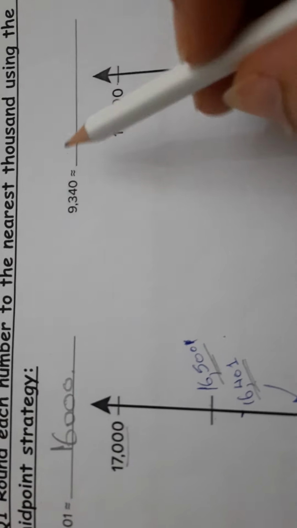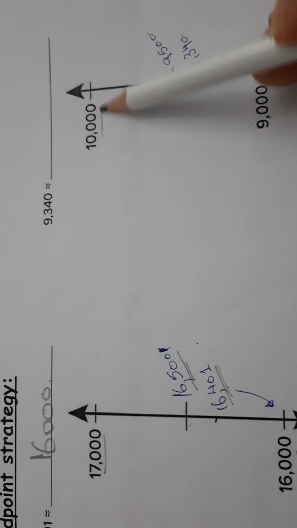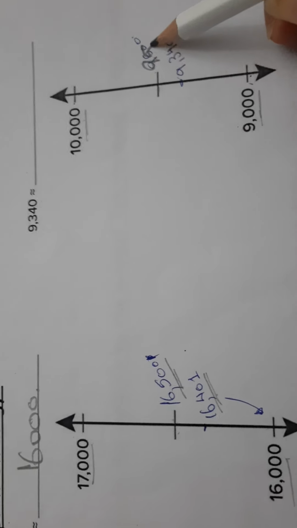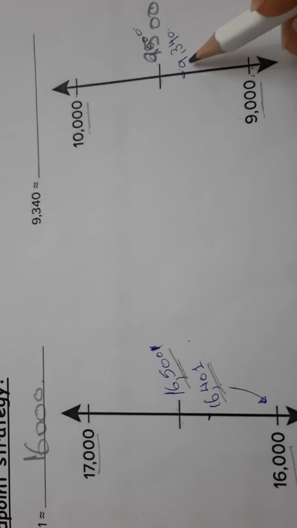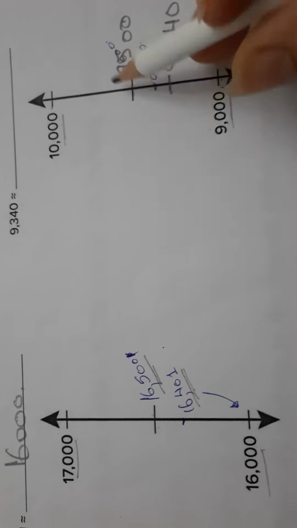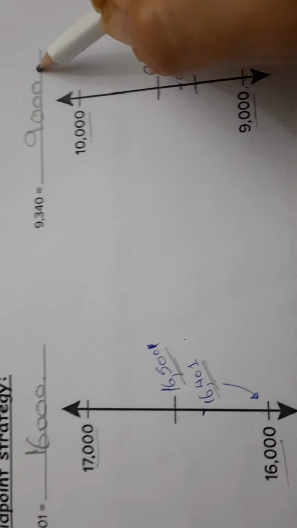Here I have 9,340. It's located between 10,000 and 9,500. It's between 9,000 and 9,500, so it will refer to the 9,000.